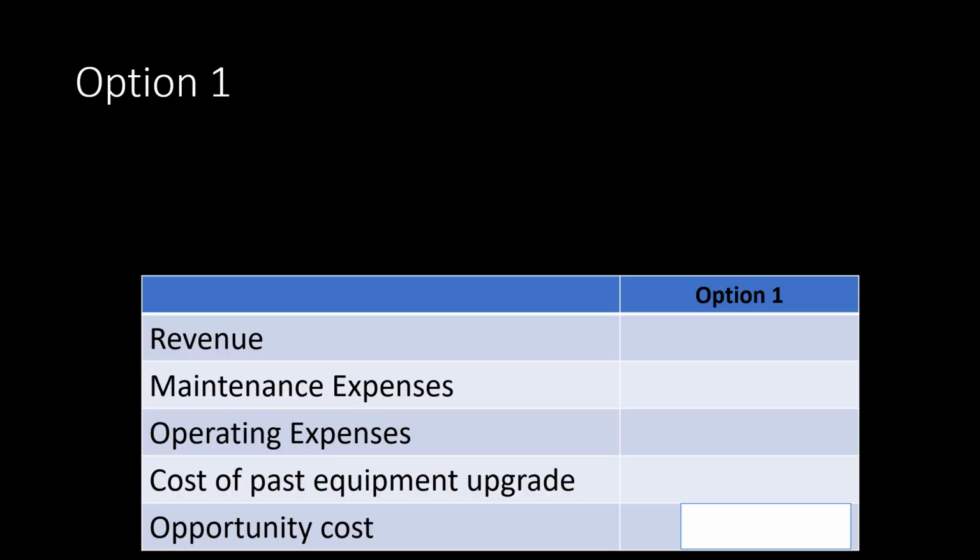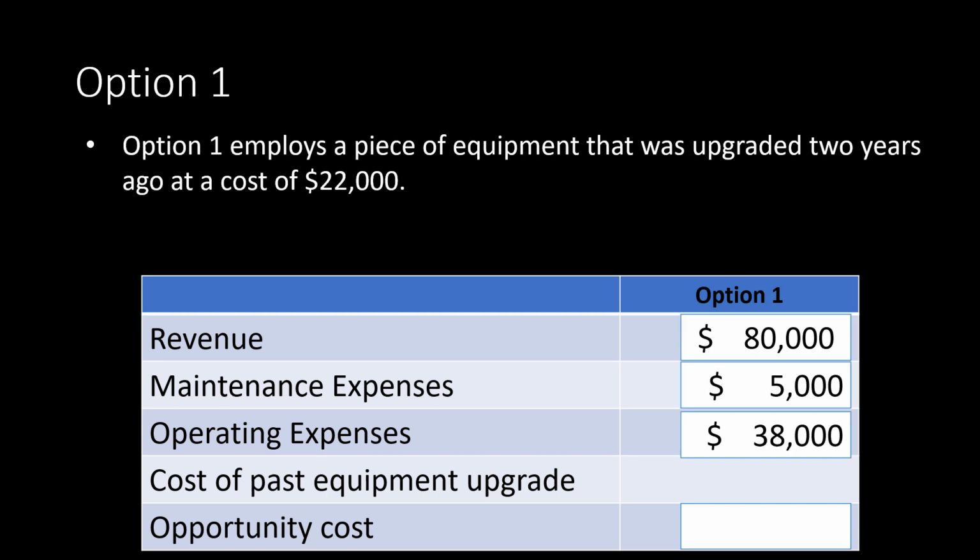In option 1, there are other costs available. Option 1 employs a piece of equipment that was upgraded 2 years ago at a cost of $22,000. So, the cost of the past equipment upgrade will be included, $22,000.